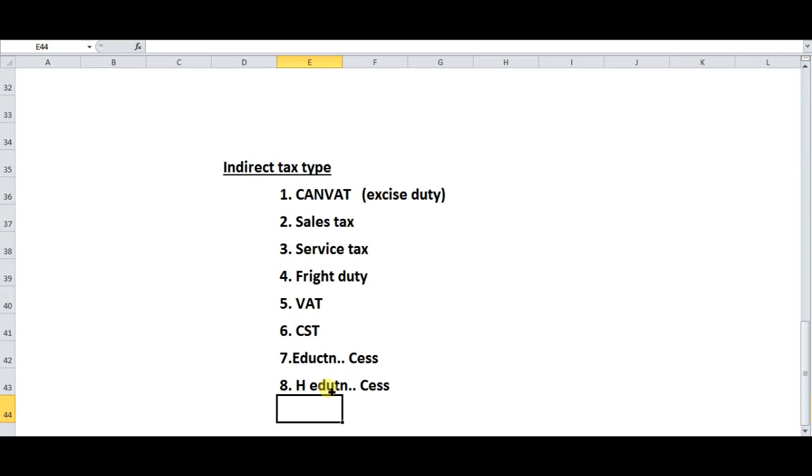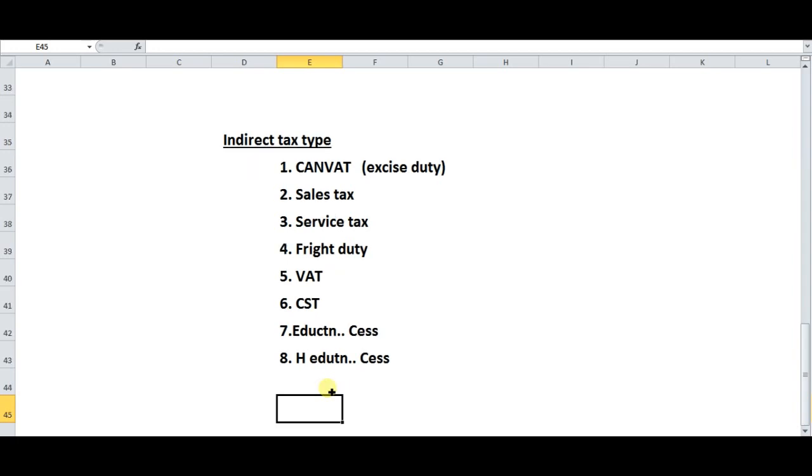With the above, the government has recently newly introduced three different types of cess, like infrastructure cess.